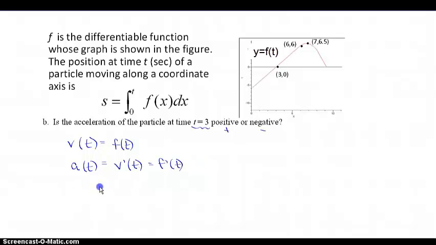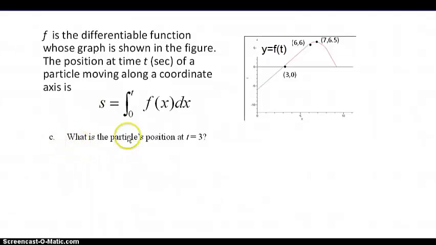So we're actually after, for the acceleration at 3, the slope on this function f at 3, and we're really only interested in whether it is positive or whether it is negative. And we can clearly see the slope at 3 here is a positive value. So the acceleration of the particle at time t equal 3 is positive. And there's our justification for why we know that's true.